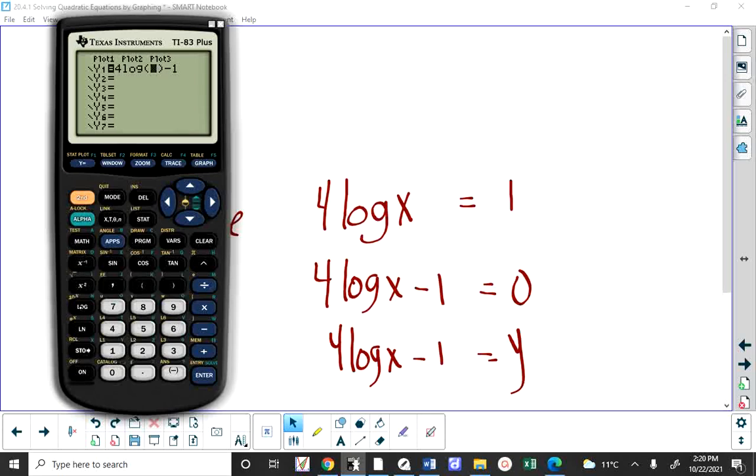Ln and log are similar, and I use ln a lot. Don't worry about what they are. There we go. So it's log. Let's see what I get.